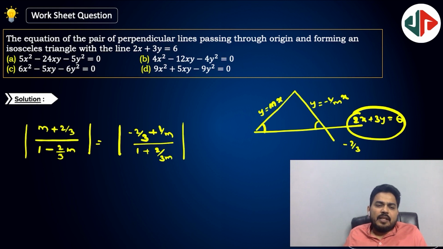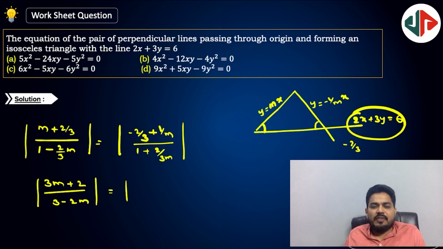So from here, modulus of (3m plus 2) by (3 minus 2m) is equal to modulus of (minus 2m plus 3) by (2 plus 3m).